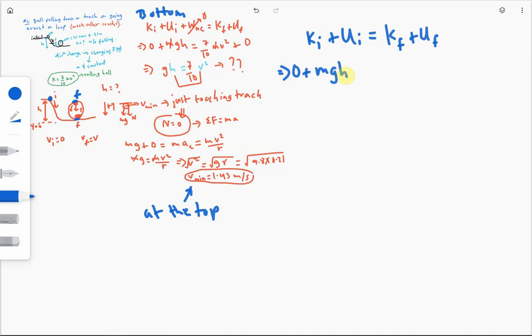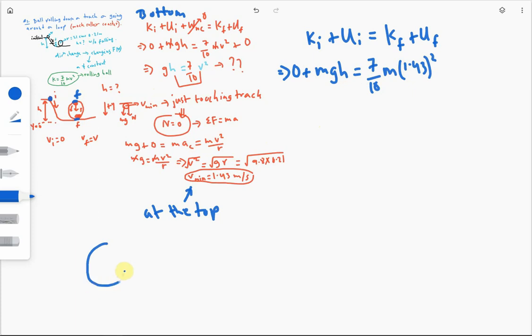Ui is still mgh because our initial point hasn't changed. Now the final point has changed. It is the top of the loop. So final kinetic energy is 7/10 m times v squared, where v is the v min we just found, 1.43 squared.